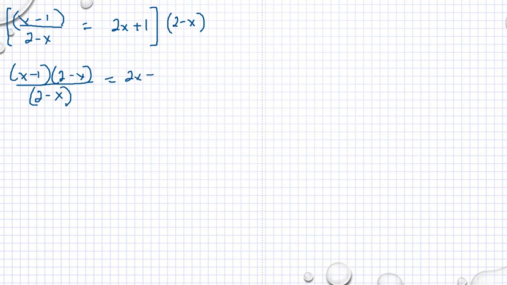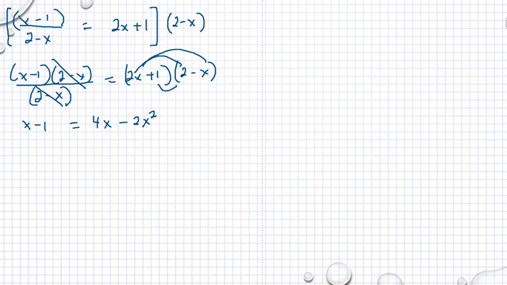Then we have 2x plus 1 multiplied by 2 minus x. Then this one is 1. We have x minus 1 is equal to 4x, the 1, and then we have minus 2x squared plus 2 minus x.